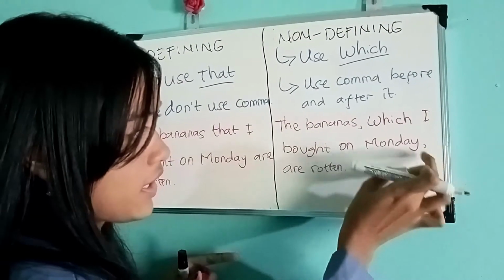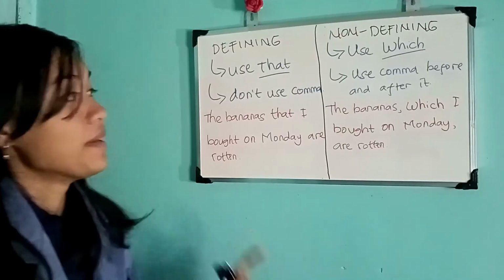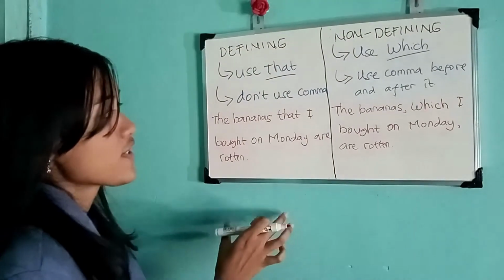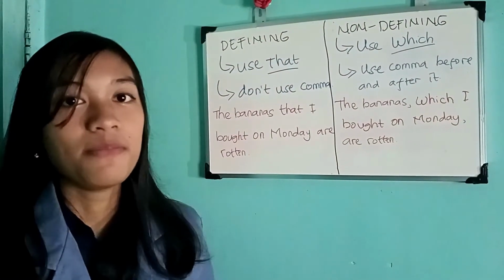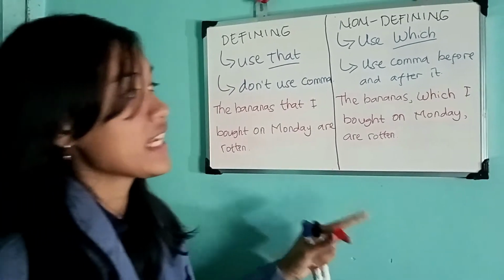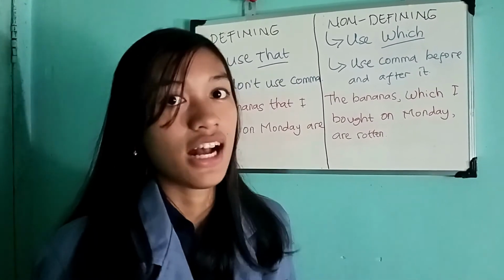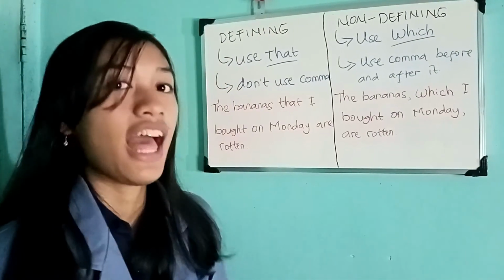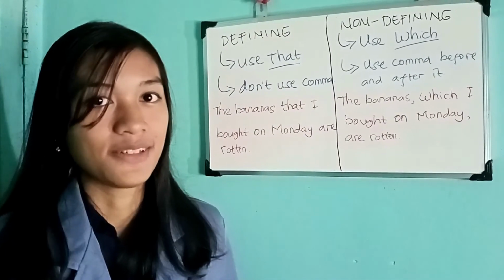The bananas, which I bought on Monday, are rotten. The meaning is, in the first case, probably we have two types of bananas in the house, but in the second case, all the bananas in the house were bought on Monday and they are all rotten.